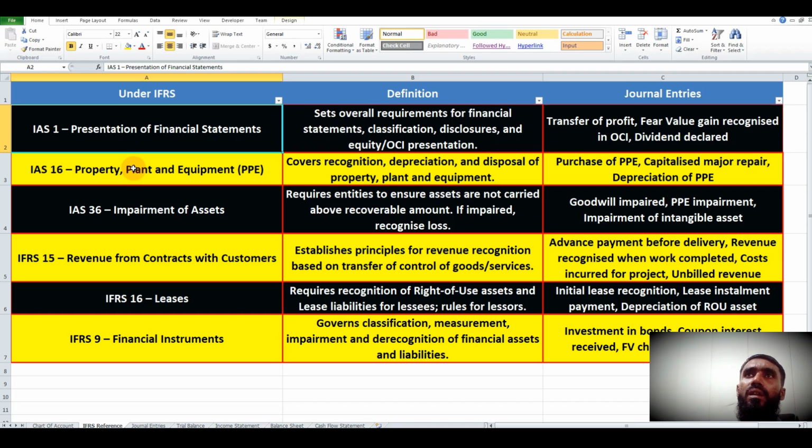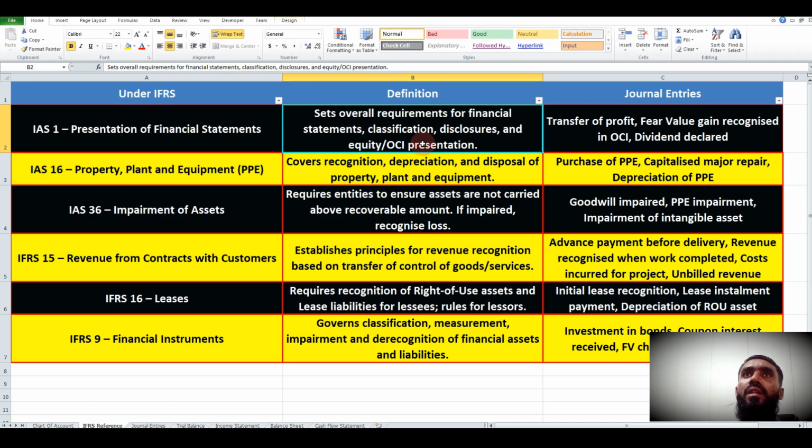I will prepare the lectures for this accordingly, one by one rule with definitions. I will explain each thing, what the definitions mean, with examples. I will show you with examples the set of overall requirements for financial statements.